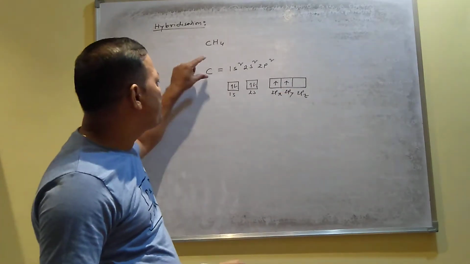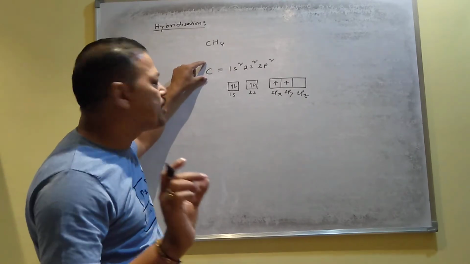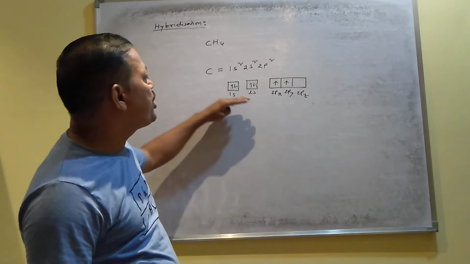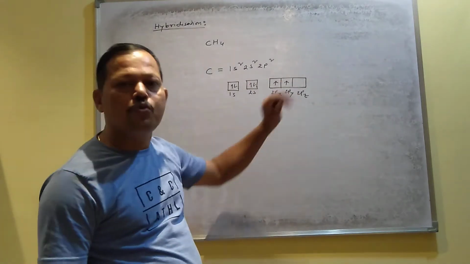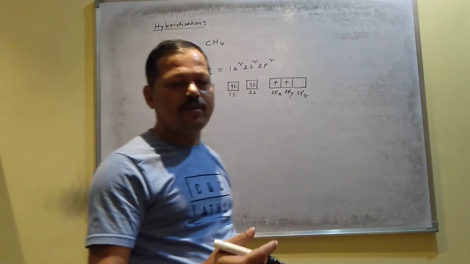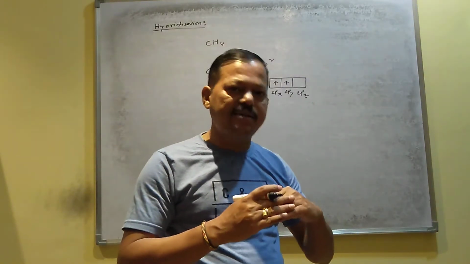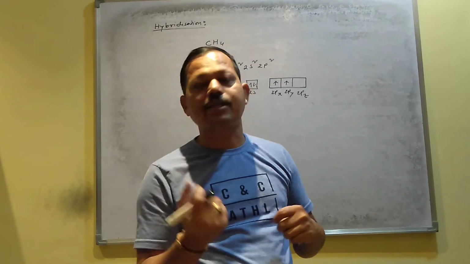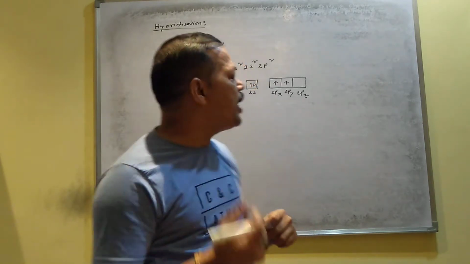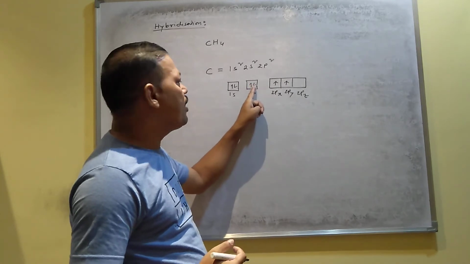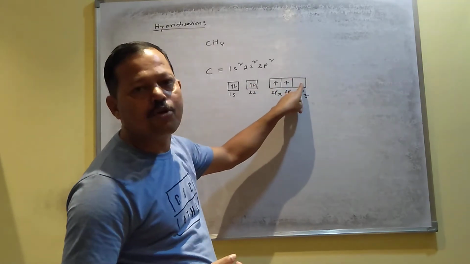When carbon is in the free state, the isolated state, the ground state, the electronic configuration remains 1s2, 2s2, 2p2. But when carbon combines with another element, carbon undergoes excitation. Excitation means it gains some amount of energy, and due to gaining that energy, one of the electrons from the 2s orbital jumps to the vacant 2pz orbital.